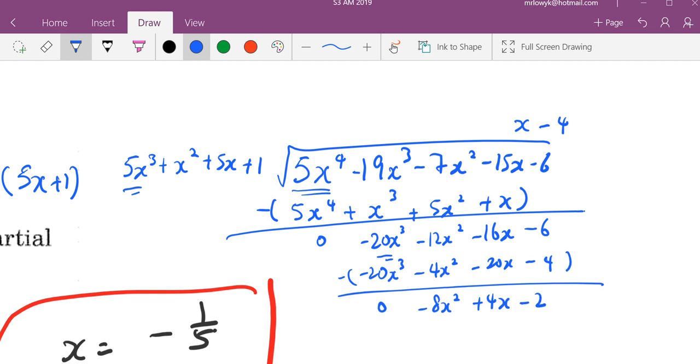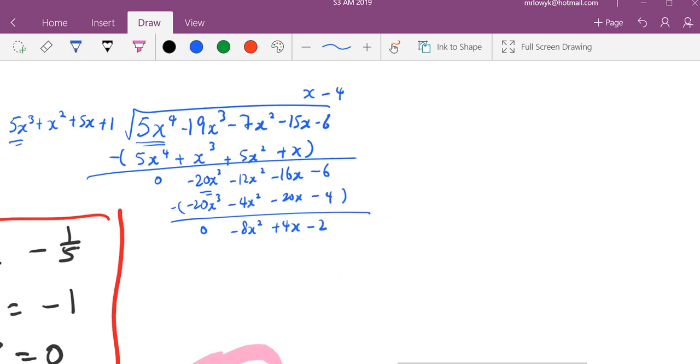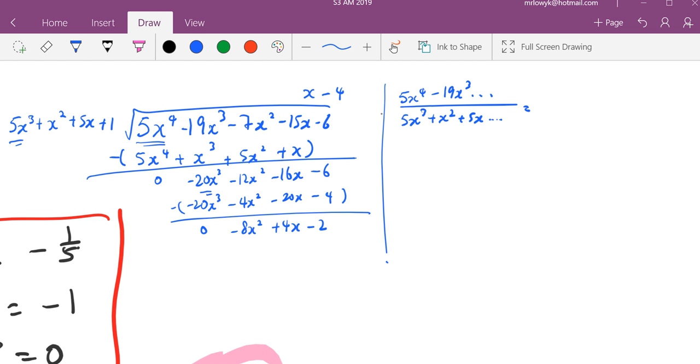Now, once you have this, then you're ready to set up the partial fraction. So, 5x^4 minus 19x cubed over 5x cubed plus x squared equals, first is to write out the quotient. So then you write x minus 4.